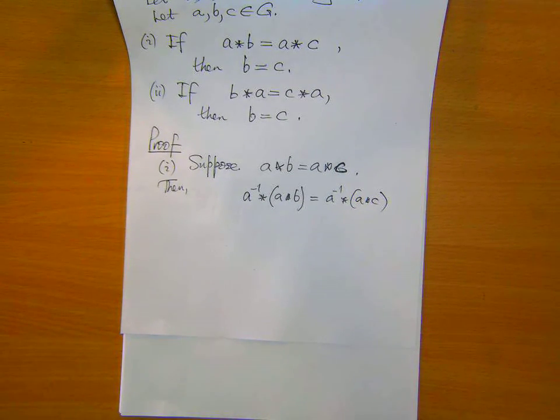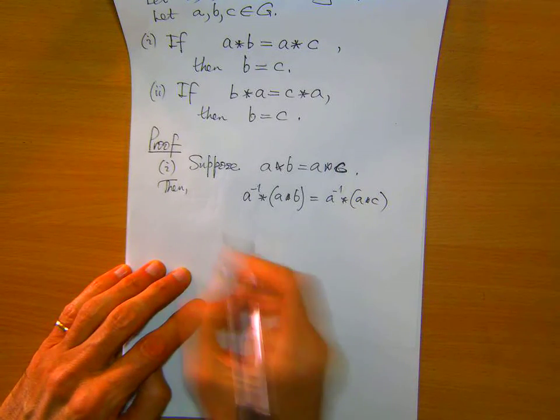Okay, well now what are we going to do? Any suggestions what we're going to do next? We're going to use associativity. In a few weeks' time, when you're a lot more confident with group theory, you'll just be doing some of these lines two at a time, perhaps. But I'm trying to write down every single line at the moment until we get a bit more fluent in group theory language.